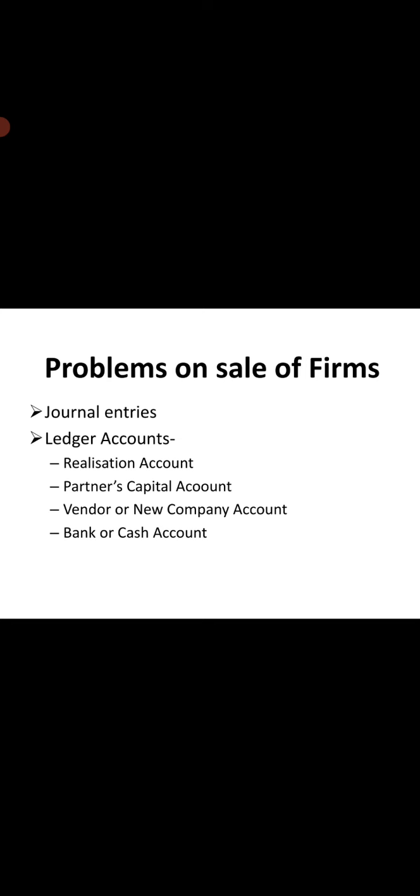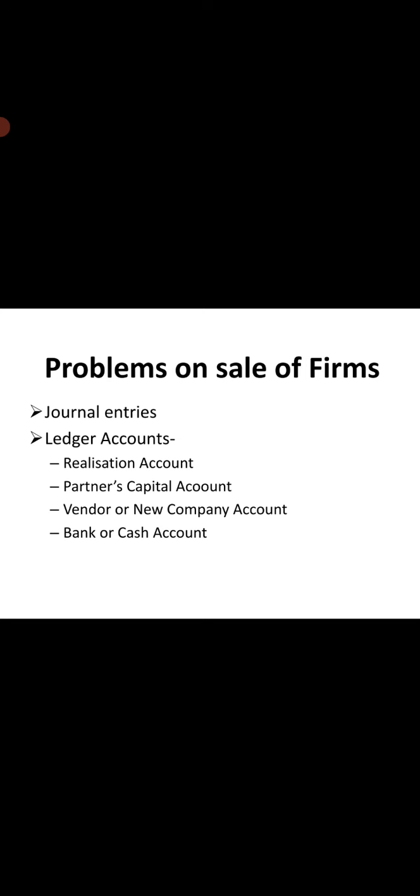Next, for realization of investments, by cash or bank account, that is 95% of the value of 20,500, 19,475. Next, we will record on the debit side of the realization account the loss on the sale of shares, that is 5% of the amount they received in the purchase consideration, that is 47,900 rupees. So you'll get 2,395.